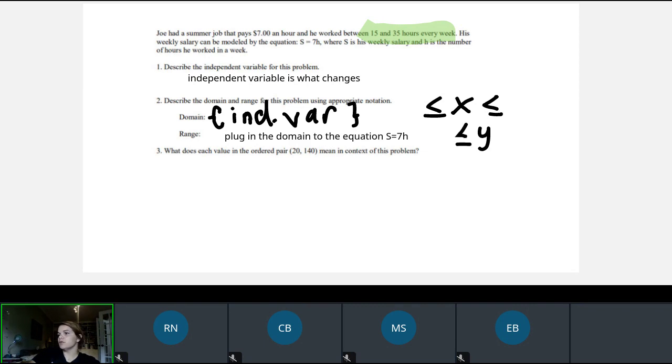So it's an open or closed arrow based on whatever the wording is. So this says he works between. So he's going to work between 15 and 35. He could work 15 and he could work 35. So we're going to include those.